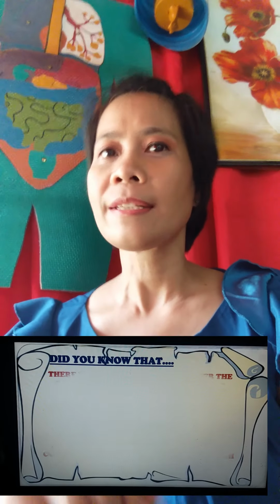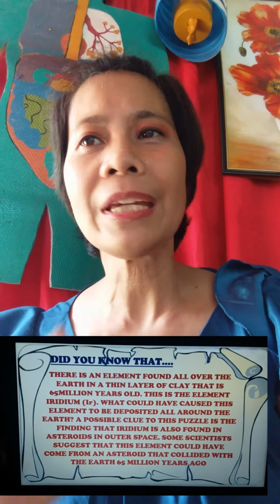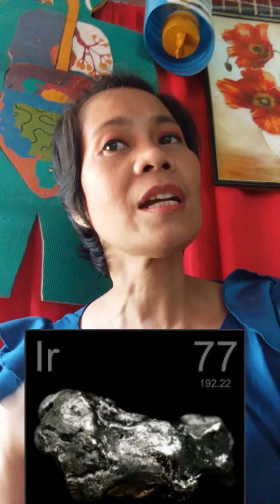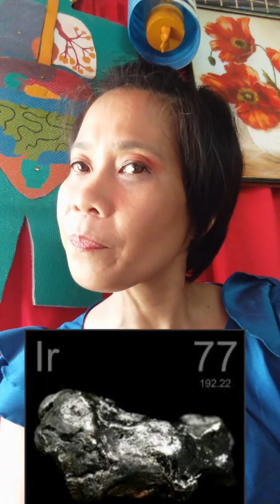There is an element found all over the Earth in a thin layer of clay that is 65 million years old. This is the element iridium. What could have caused this element to be deposited all around the Earth?